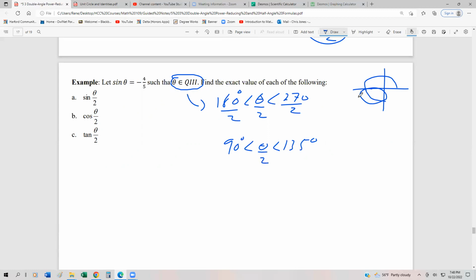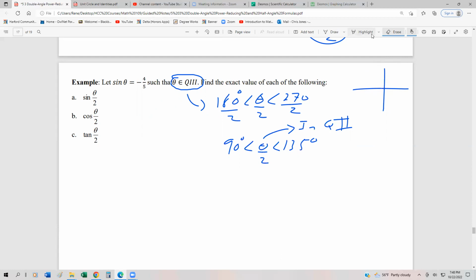And so that means that theta over 2 lies in quadrant 2 again. So that's an angle somewhere between here and here. If this is 135 degrees, this is where our theta over 2 is going to lie. So that's easy enough.